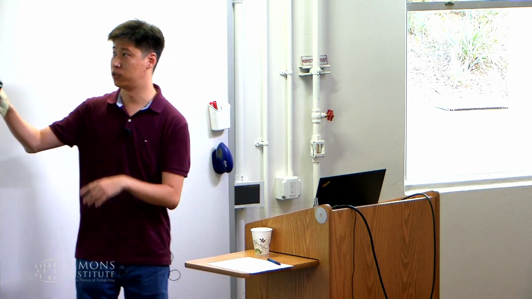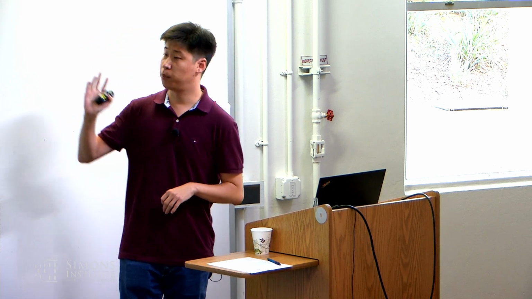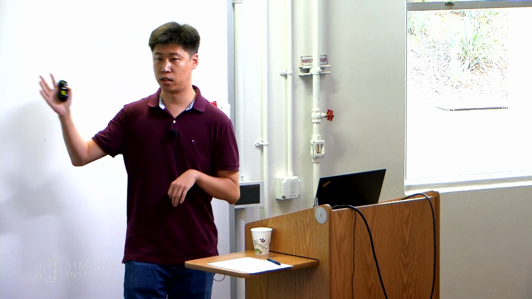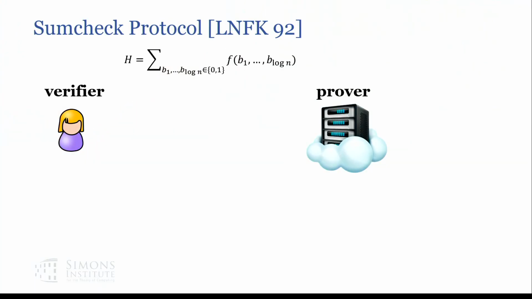And here we are in the world of polynomial time, so the number of variables is log n, and then the size of f, or the number of monomials, is at least n, right? It's n if f is multilinear, and it's polynomial if f is larger than that. And computing the sum requires at least order of n time, simply because there are order of n possibilities of the binary string. Right?